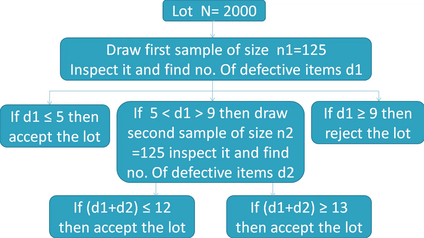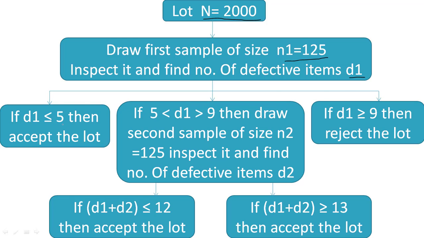Similar to the single sampling plan, here also we start with our lot size of 2000. We will draw randomly a first sample of 125 items from these 2000 items, and by inspecting these 125 samples we will find defects D1.